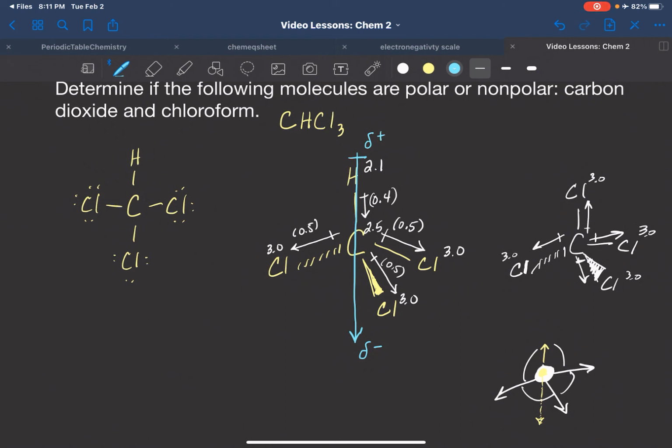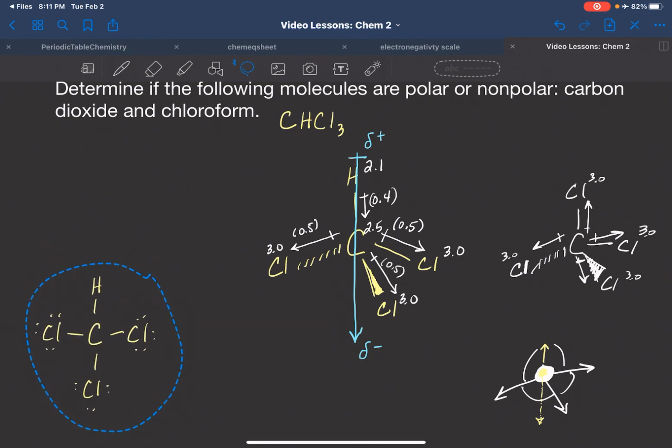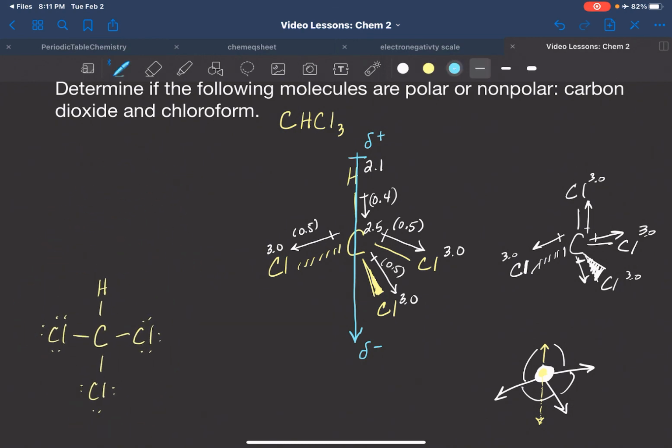All right. So now what happens when you have this? Let me get this out of the way for you. Now what you do is you come parallel to your net dipole. And if you remember from your math teachers, you can move axes parallel to each other and they still have the same value. So this would be our partially negative, our partially positive end.